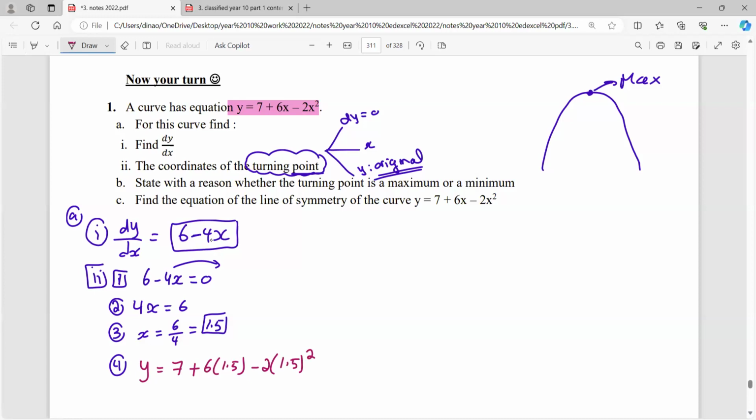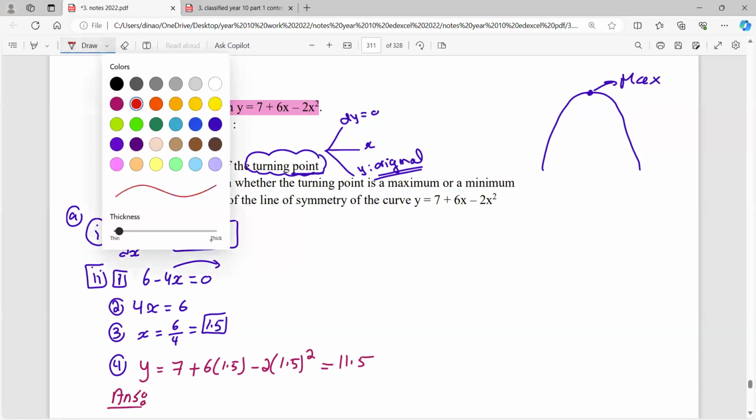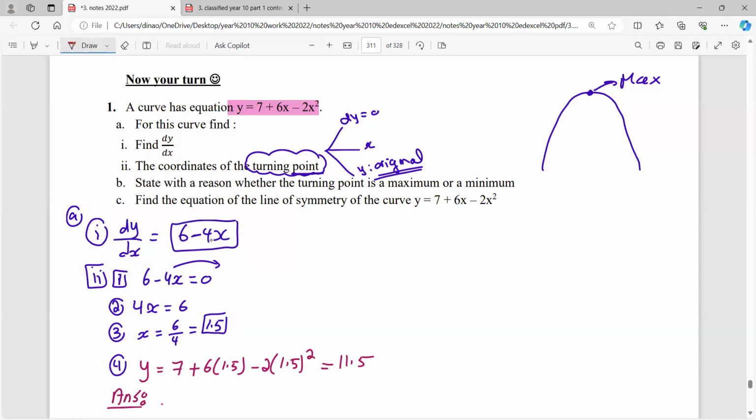The answer is 11.5. Now, unfortunately some of you forget the final answer. The question says find the turning point, so the final answer must be an ordered pair like this. So the final answer over here is going to be 1.5 and 11.5. Okay, this is the turning point.